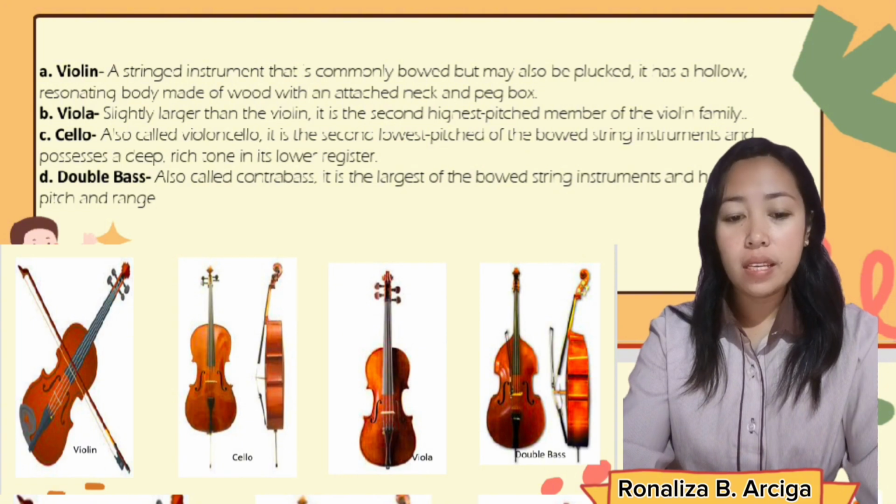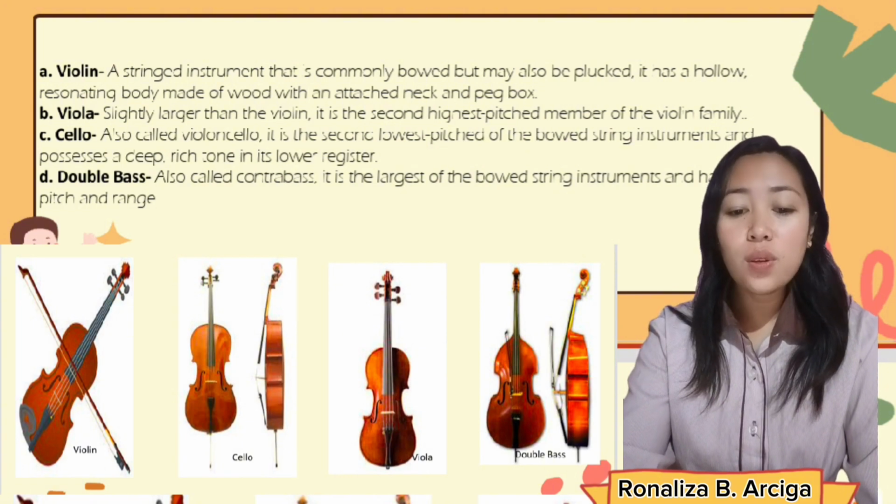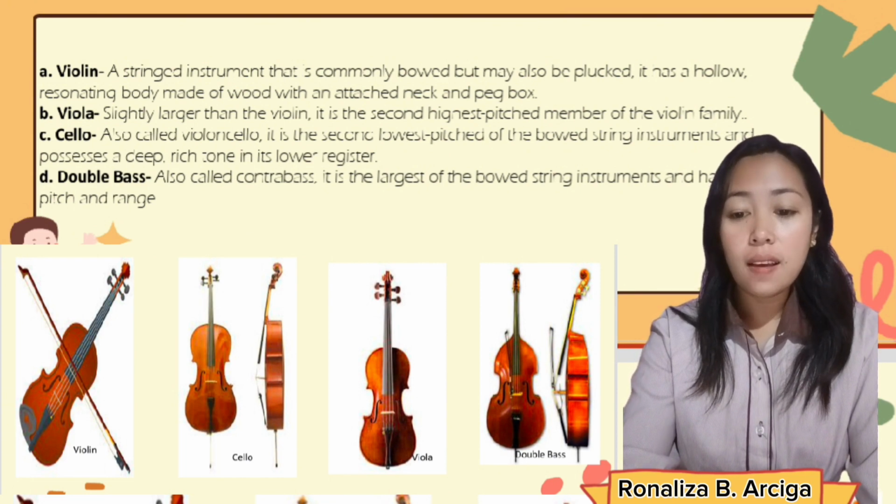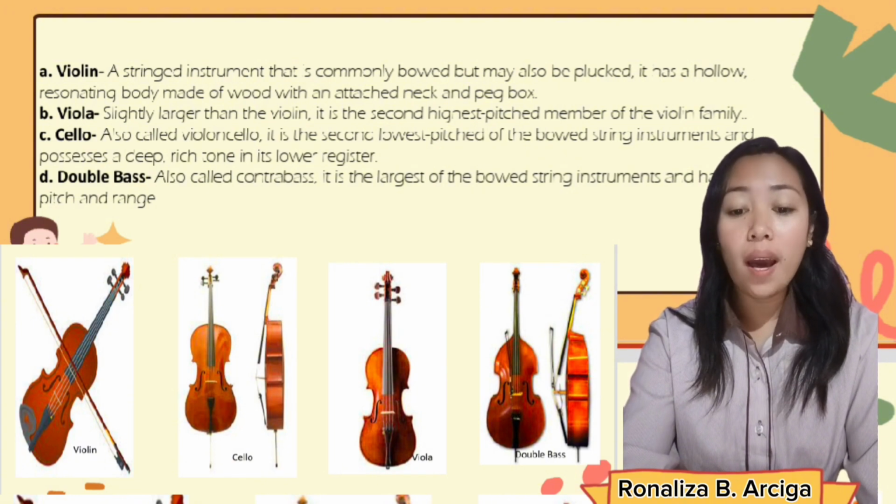Okay, the third is cello, also called violoncello. It is the second lowest pitch of the bowed string instruments and possesses a deep, rich tone in its lower register. Due to its size, the cello is played between one's legs.